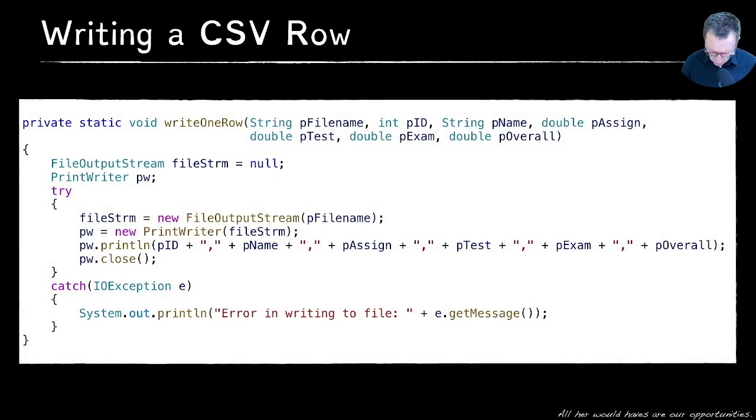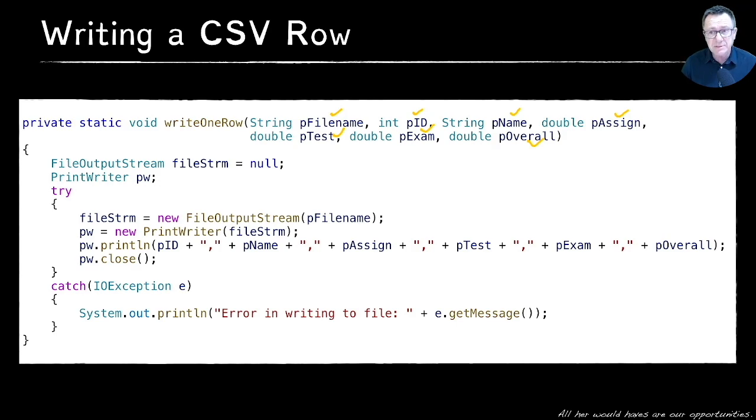We've got a whole lot of parameters that have come in. The file name, so we've got the file name, we've got an ID, we've got a name, we've got an assignment, we've got a test, exam, and an overall thing come in. That's fine. We create a file output stream object called file stream.